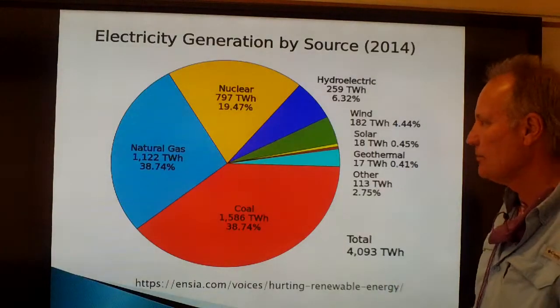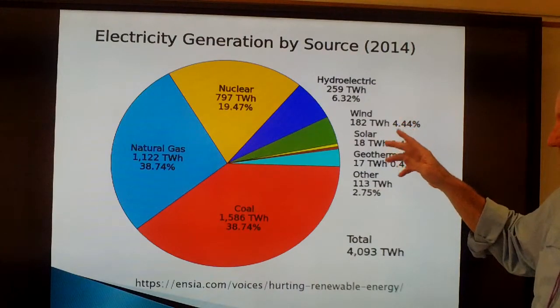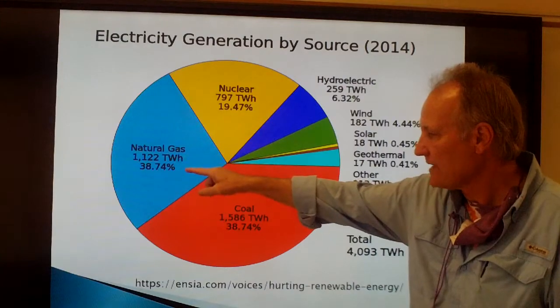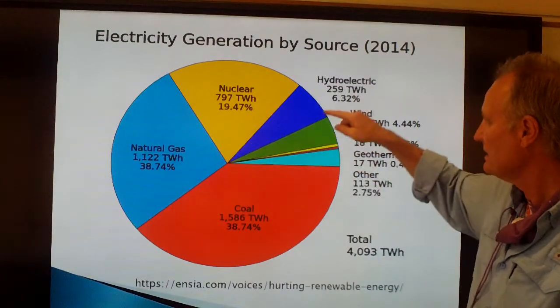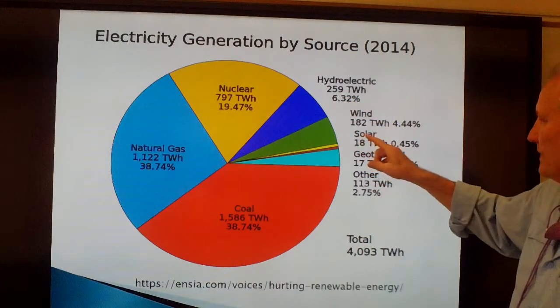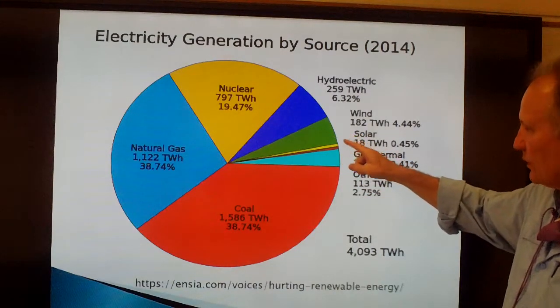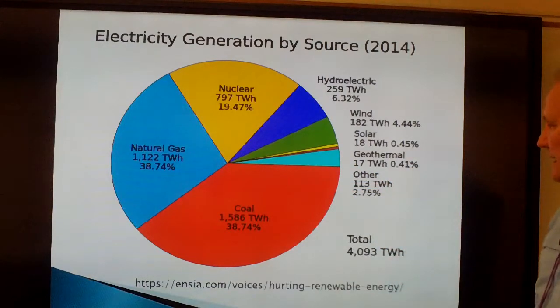all right, we can have a bias, but here's how this is in 2014, generation by source. So coal was at about 39%, natural gas was about 39%, nuclear was about 19.5%, hydroelectric was about 6%, wind was at about 4%, solar, geothermal, and all the others ended up a pittance.